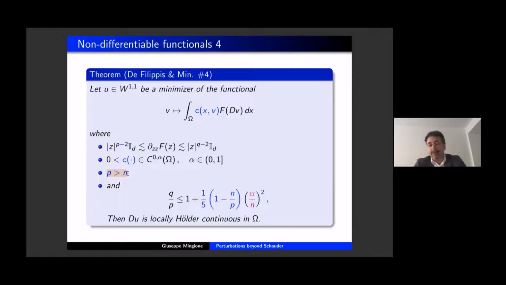There are counterexamples. And then we are still able to prove that U is locally Hölder continuous. And you see that now this bound does not only depend on alpha over N, but also quantitatively on this assumption, because there is 1 over minus N over P here.